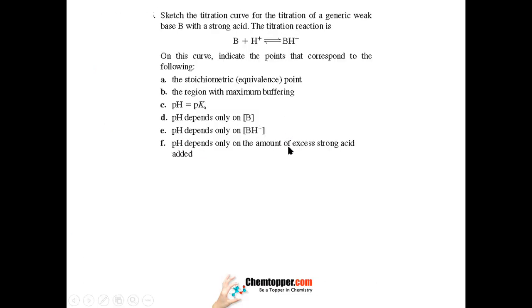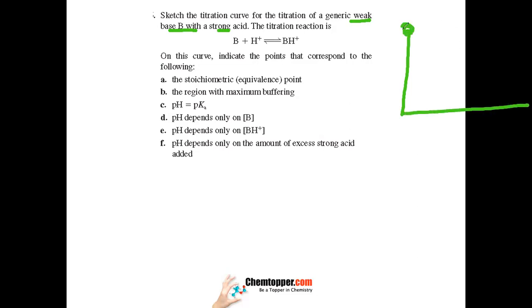Can we draw the titration curve of this? You are titrating a base with a weak acid. No, a weak base with a strong acid. Read the question and let's make it very fast. Titration of a weak base with strong acid means I'm measuring the pH of the weak base.